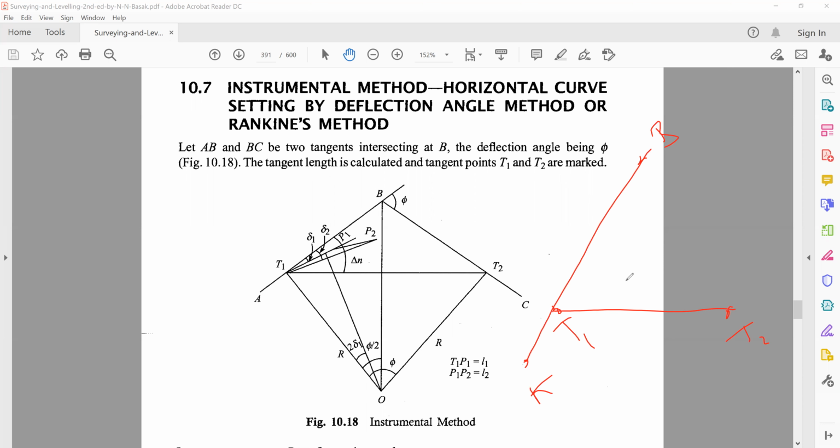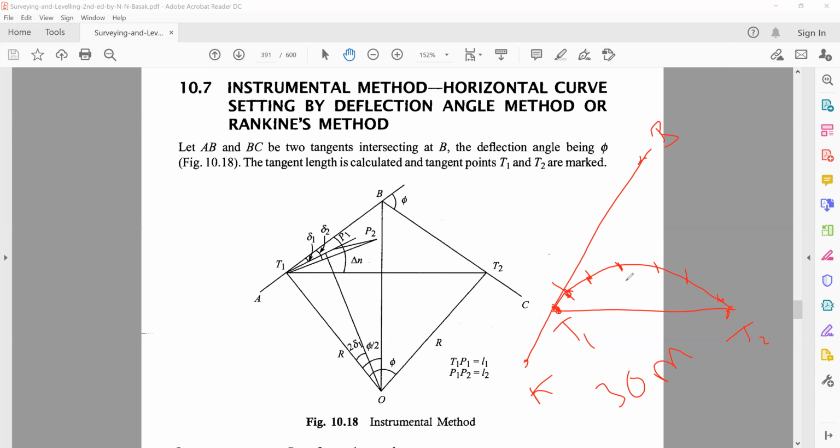If this is going to be the curve, and let's say the curve length is 30 meters, we can take the chord length equal to 5. So at every 5 meters along the curve, we are going to find out the deflection angle values. You can use your measuring tape from the point T1, open it 5 meters, and then take the angle. And when the two intersect, you can set out that point.